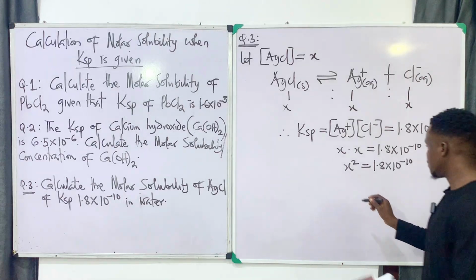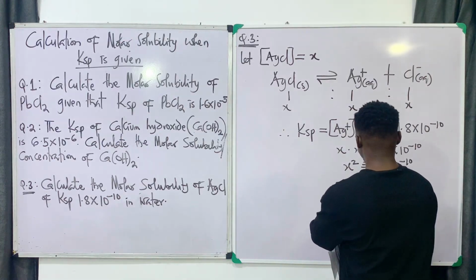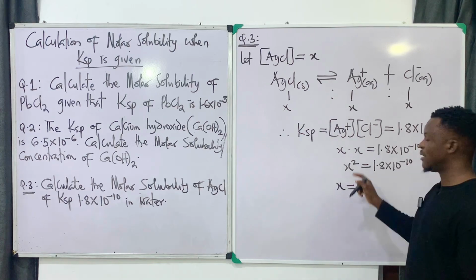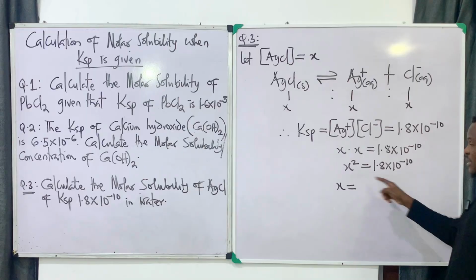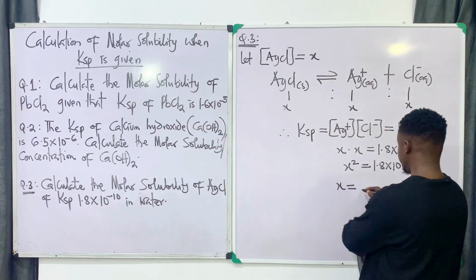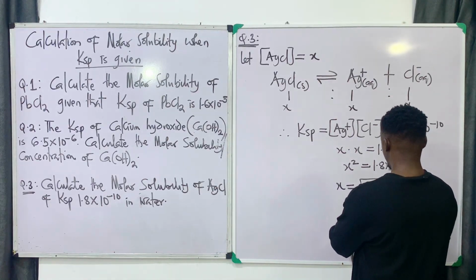So for me to now find X, remember I said when you have X squared, you have to take the square root of the other side for you to get your X. So this becomes the square root of 1.8 times 10 to the power of minus 10.